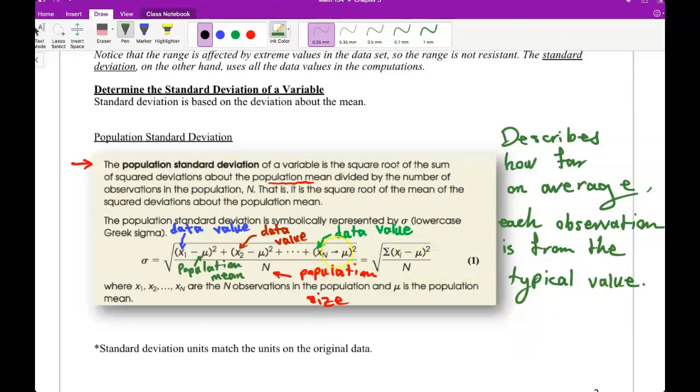Since we divided by n, that's why that is the average. So how far on average, divided by n, each observation, which is all x's, is from the typical value. So finding the difference between data value and our mean, divided by population size. These x's are our data values, n is the number of observations or population size, and mu is population mean.